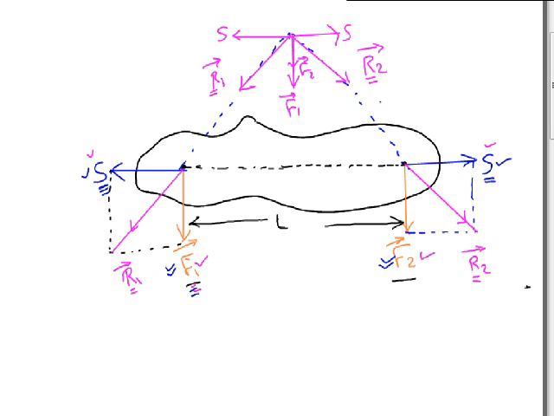Okay, so we can still say that the resultant of this F1 bar and F2 bar is the same as the resultant of the forces F1 bar here, F2 bar here, S and S, the four forces put together. Now we can say that this S and S constitute a system of forces in equilibrium, and hence we can get rid of them.